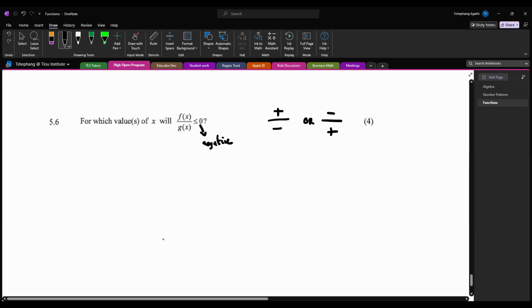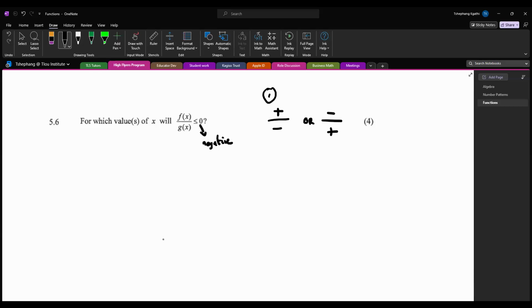So the first case, case 1, is when our f of x is positive and our g of x is negative. Second case, vice versa, when f of x is negative and g of x is positive. Now let's look for that.